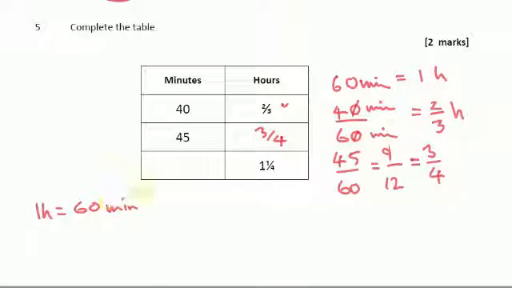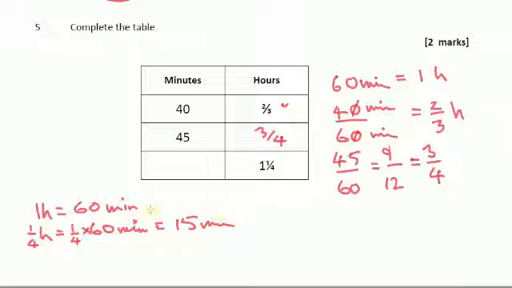So then we're left with another 1/4 of an hour. Well, if 1 hour is 60 minutes, 1/4 of an hour is 1/4 of 60. So you divide by 4, 60 divided by 4 is 15 minutes.